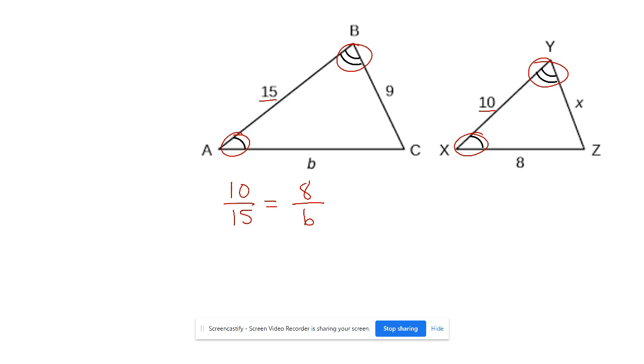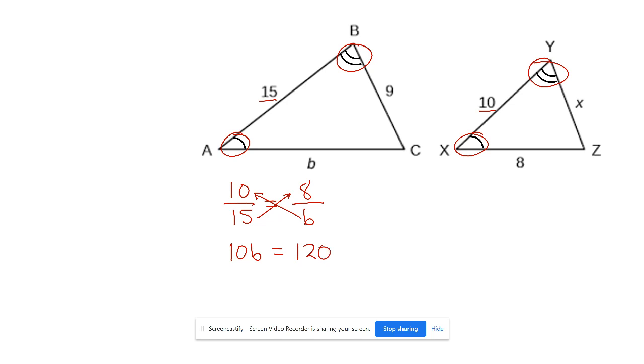To work this out, we're going to cross multiply. This time we're going to go both ways. When your variable's on the bottom, this is the better way to do it. Cross both ways. So B gets multiplied by the 10. You have 10B. But then the 15 also gets multiplied by the 8. And you have 15 times 8, which is 120.